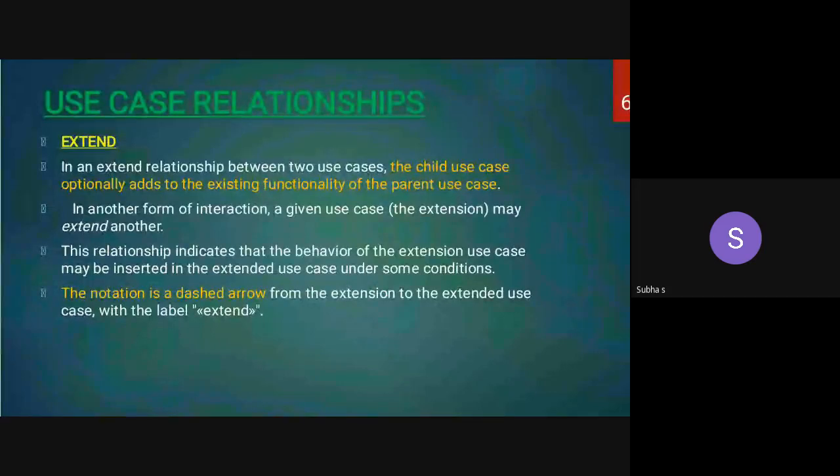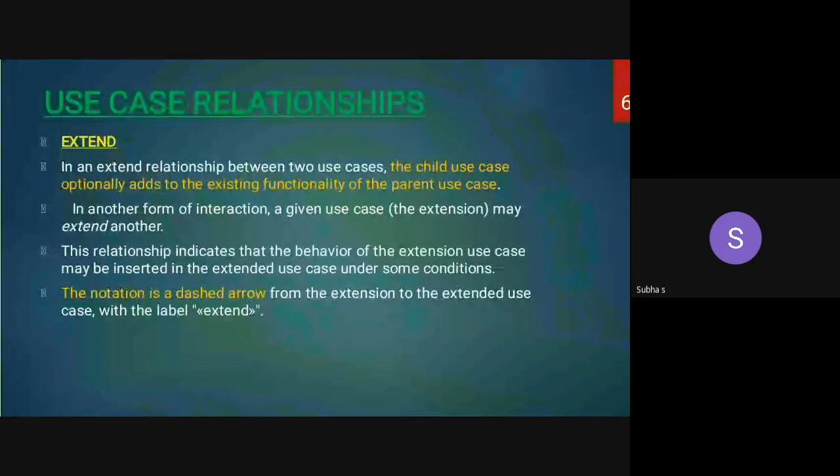So based on some condition, the behavior in one use case may be inserted into another use case. They are not directly inserted, so only may be inserted. Also, extend is a keyword; the extend use case keyword can be used.